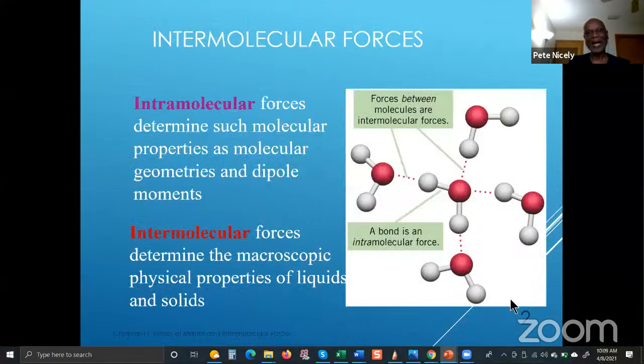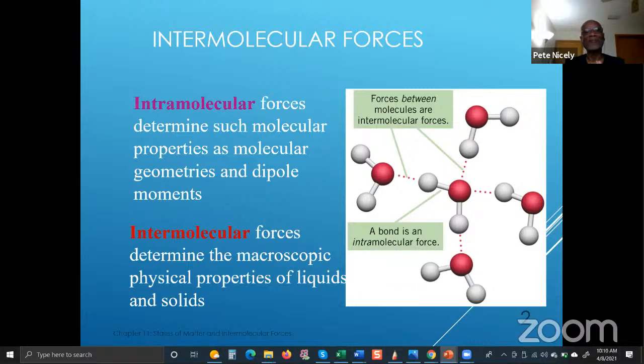So when we talk about intermolecular forces, as the term suggests, that means forces between molecules. And it's very important that you're able to distinguish between intermolecular forces and intramolecular forces. Intramolecular forces are forces that exist within a particular molecular structure, and these are basically covalent bonds for the most part.